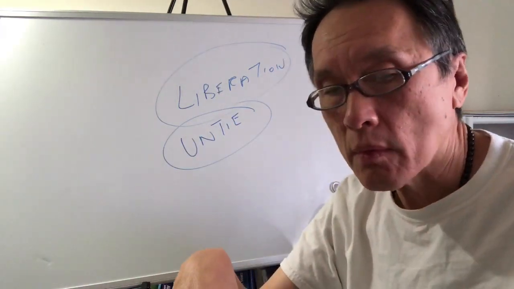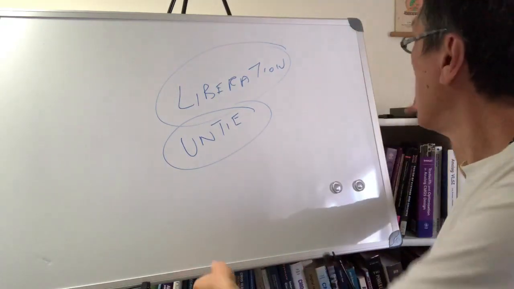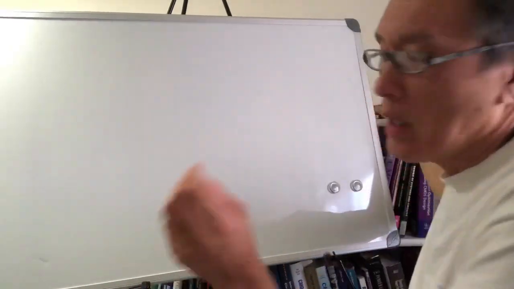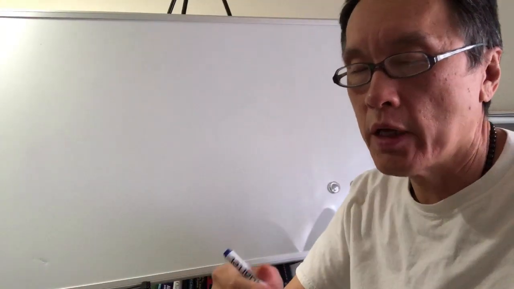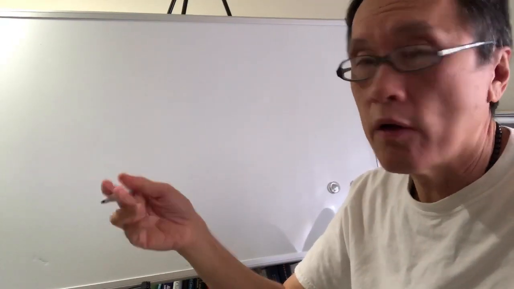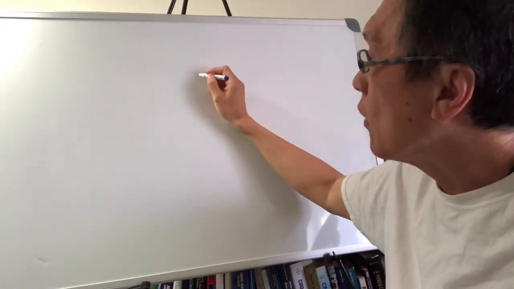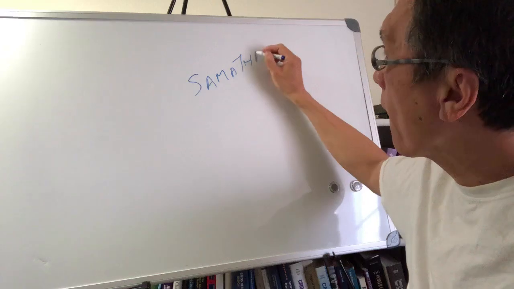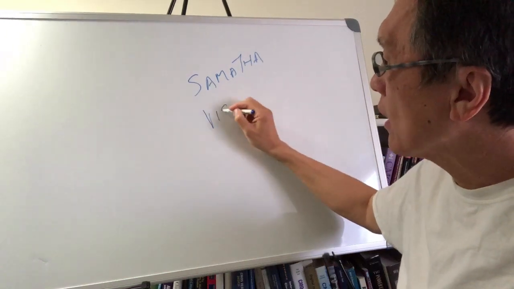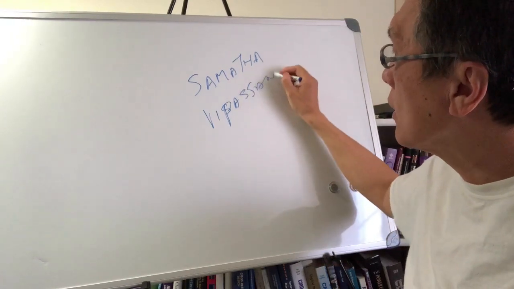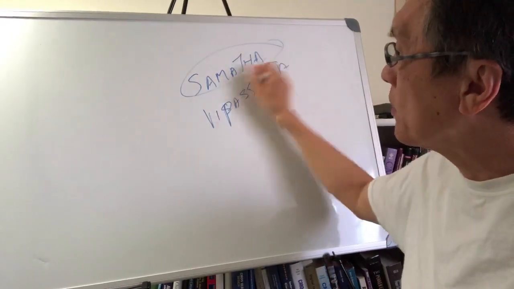Now, in order to untie the knot, to get liberated, or set one free, the teaching of samatha and vipassana comes in, the practice.